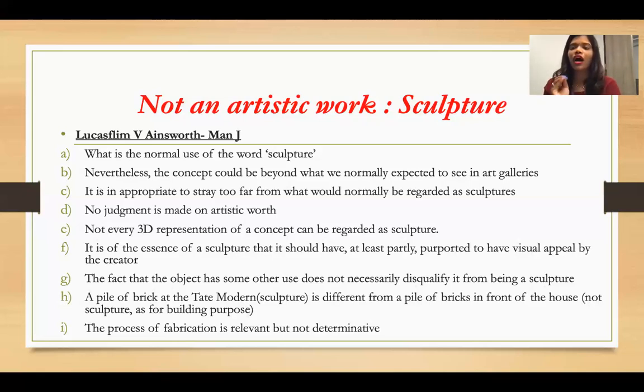So when you are arguing or explaining about sculpture, please be reminded not to look at the literal interpretation of sculpture, because sculpture can be anything beyond what you see in the art gallery or what you even think of in your mind, where you're designing or sculpting a person.